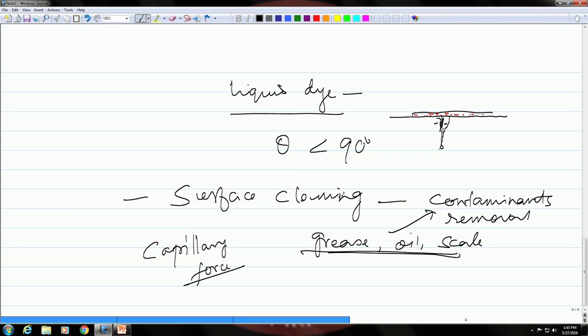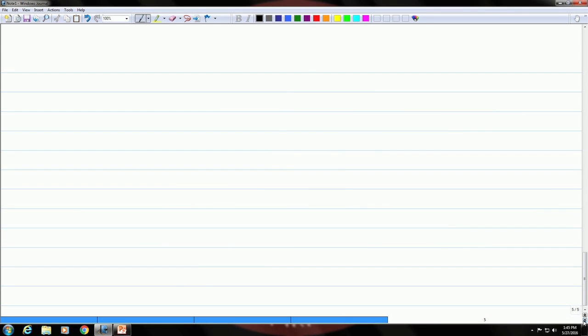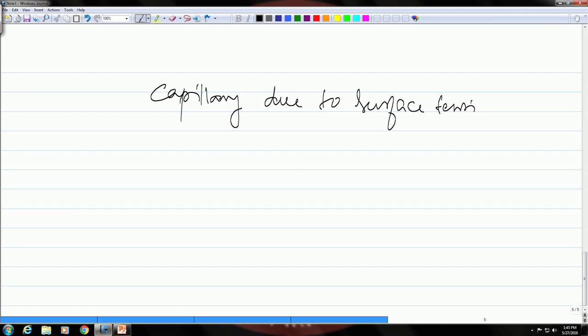So, the capillary force due to surface tension gamma LV, if you want to see it for a crack.